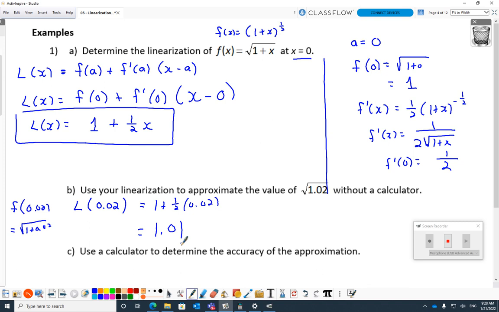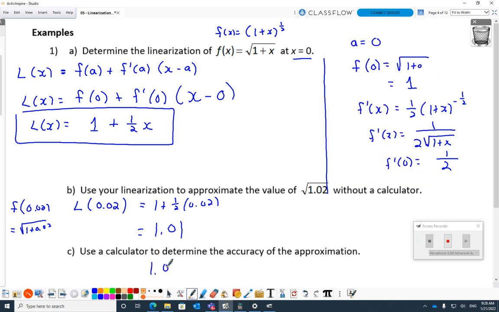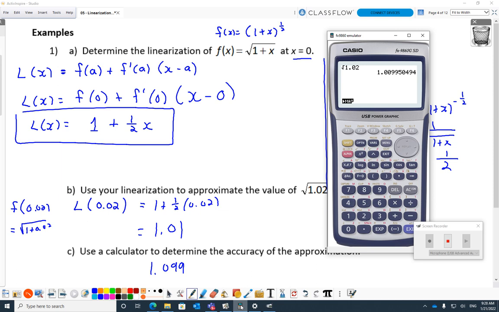Is it good? Well, let's just get a little help from a calculator here and actually find the square root of 1.02. 1.02, 1.0099.